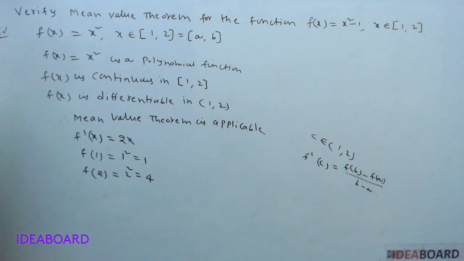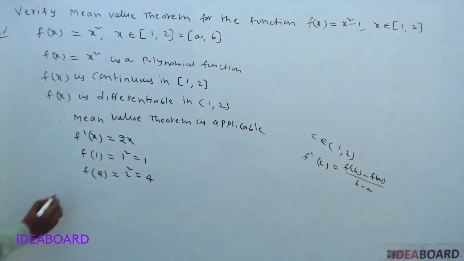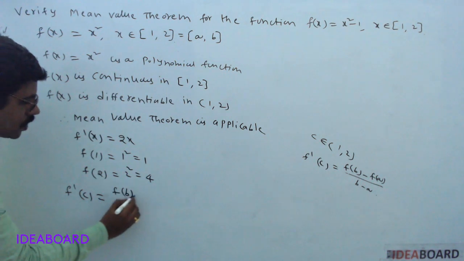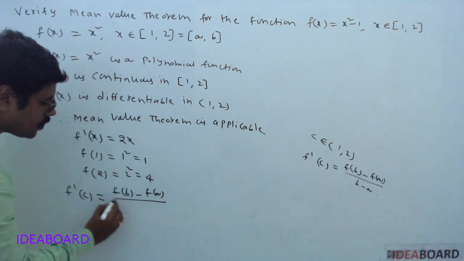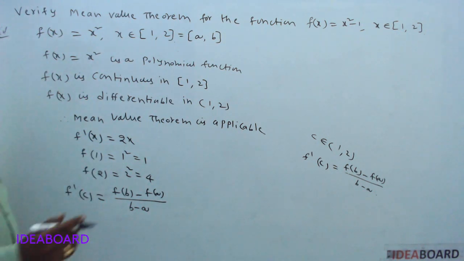Now what is our formula? F dash of c equals f of b minus f of a by b minus a. Now in this formula substitute the corresponding values.